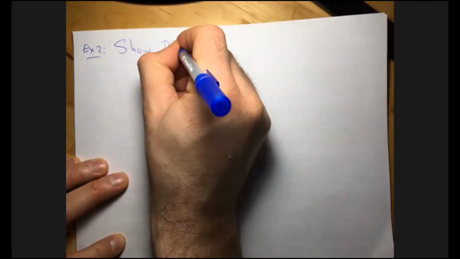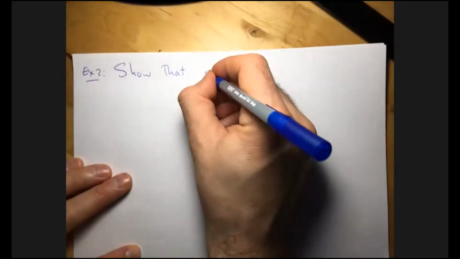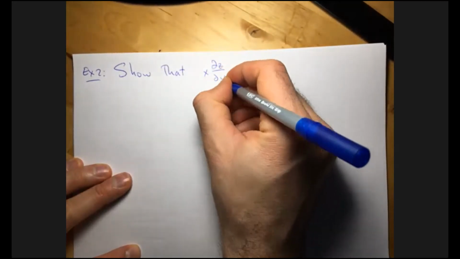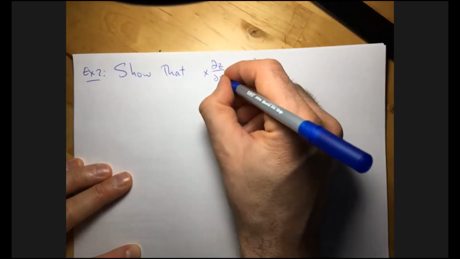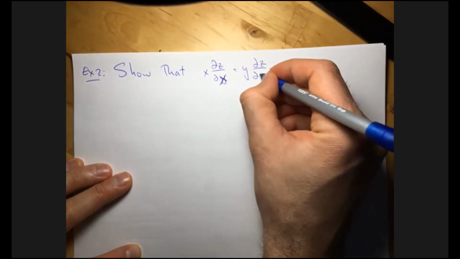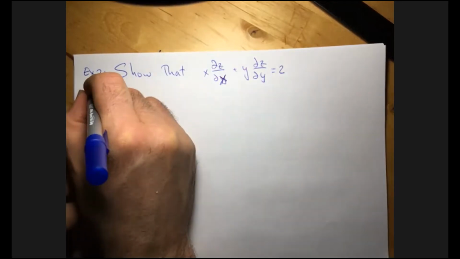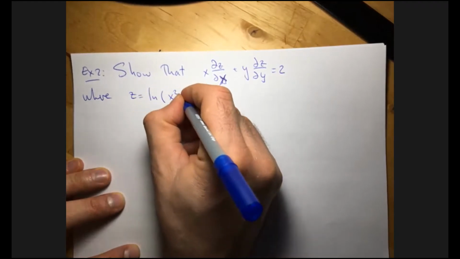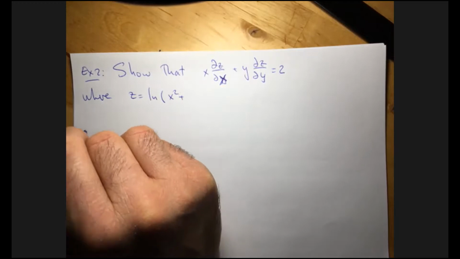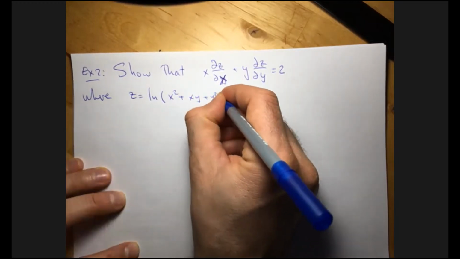Okay, so something similar. Example 2. Show that x partial z partial x plus y partial z partial y is equal to 2, where z is equal to ln of x squared plus xy plus y squared.